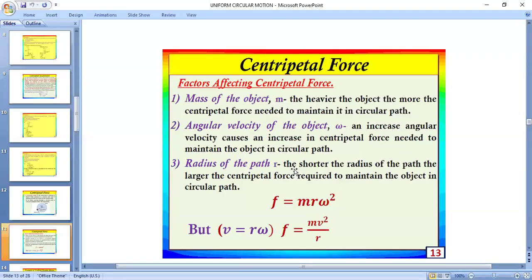Because if we have a large roundabout, then somebody can pass there with a very high speed without any problem. But if a roundabout is very small, then you cannot pass there at a high speed in a larger, heavier vehicle. So as we can see from the formula, F equals mv squared over r, radius is inversely proportional to the force required.